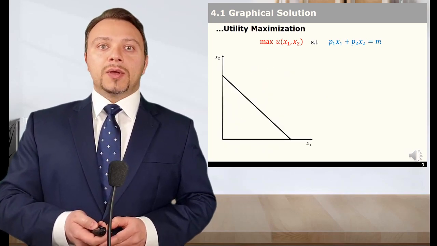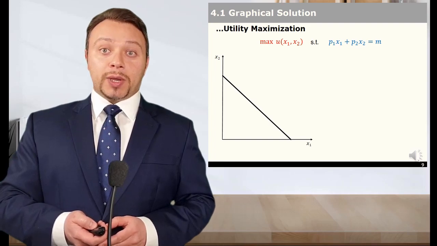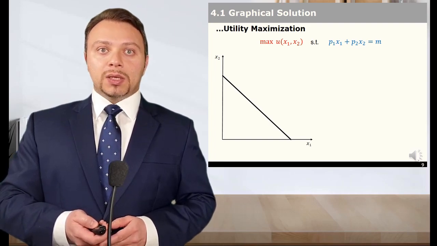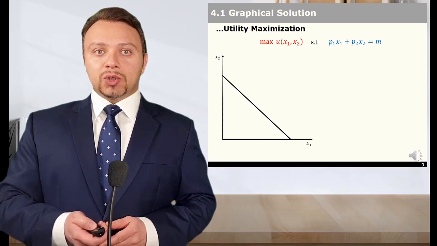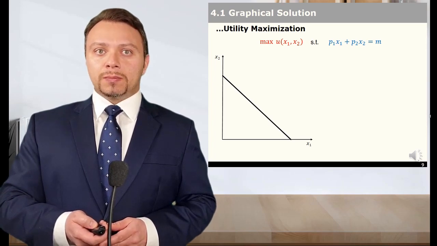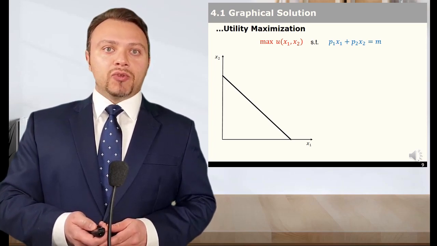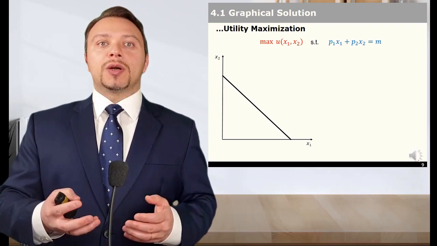Here we see the constraint. This is the budget constraint. Every point that is located on this line is not only affordable, but it is a consumption bundle that your brother can buy, spending the entire budget of 100 euros. Your brother maybe has big dreams. He wants to create a battle of huge armies.